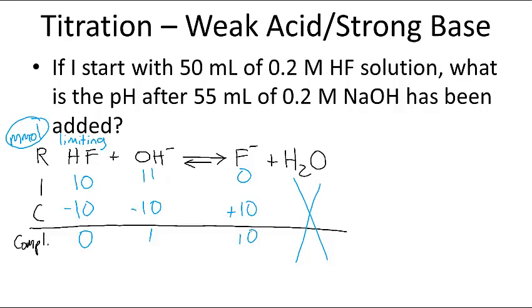So now what I have is a mixture of OH minus and F minus. How am I going to find the pH? Oh, I know how much OH minus there is. So I can find the concentration of OH minus, find the pOH, and then find the pH.